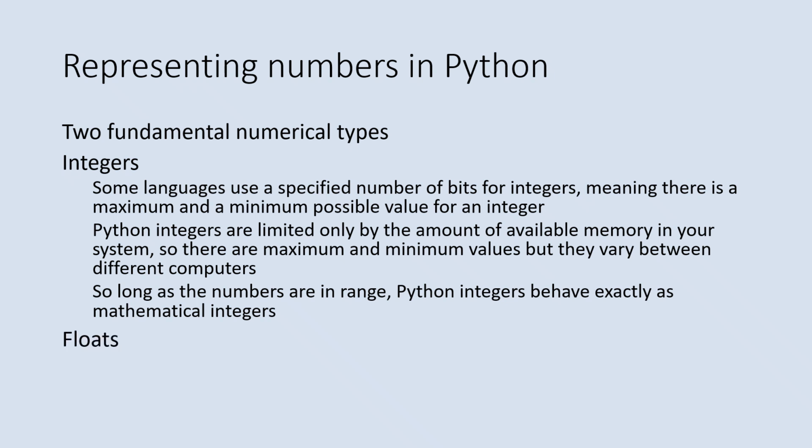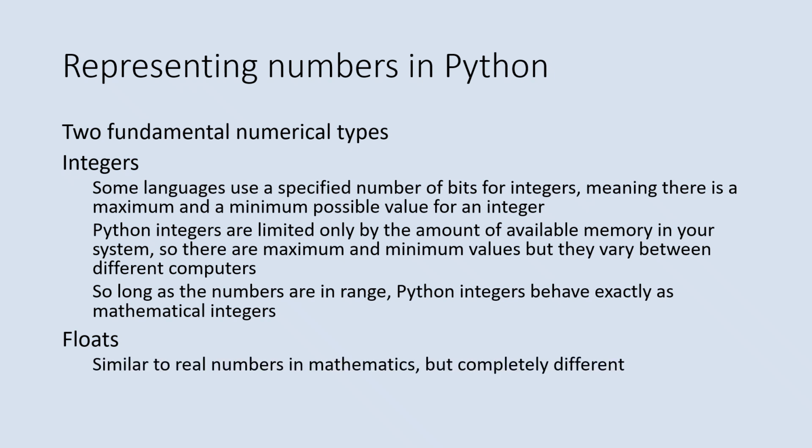The issues that come up are when we switch to decimal values or fractional values, when floats get involved. And floats are similar to the idea of real numbers in mathematics, but they are completely different.